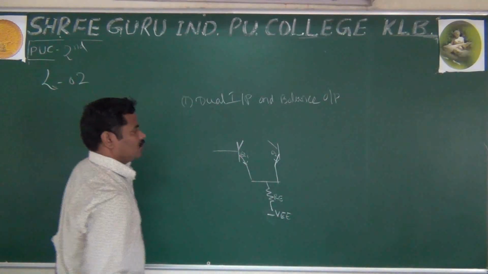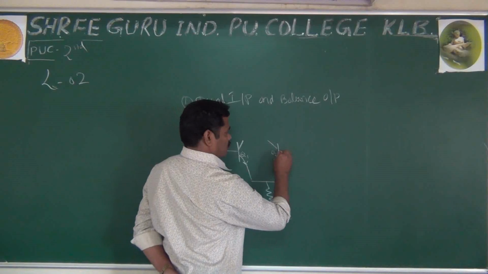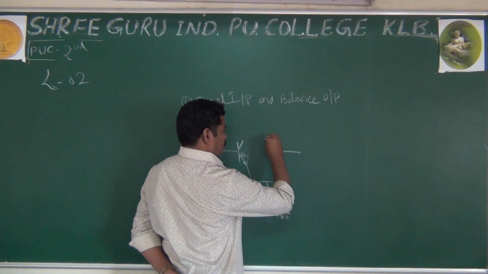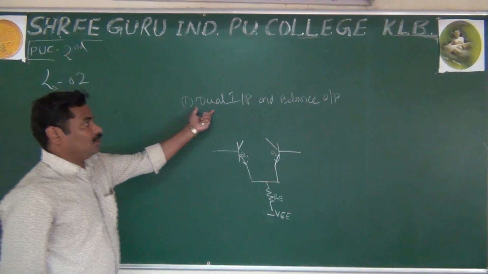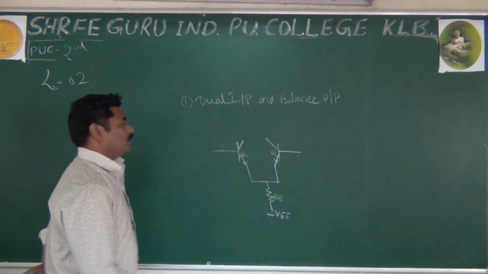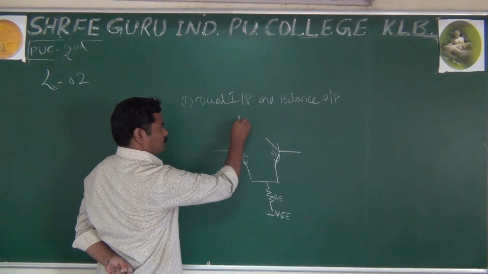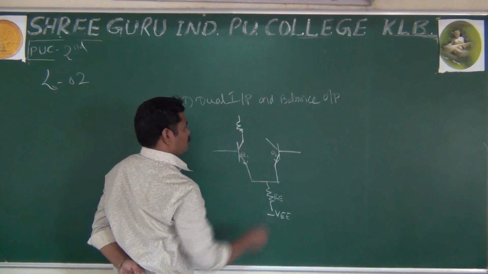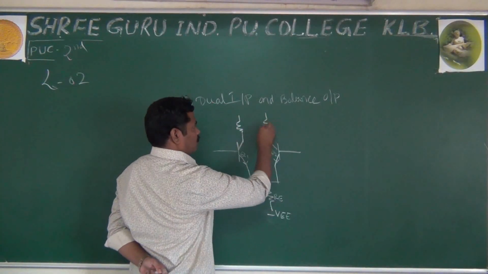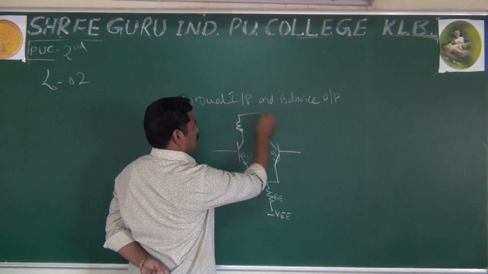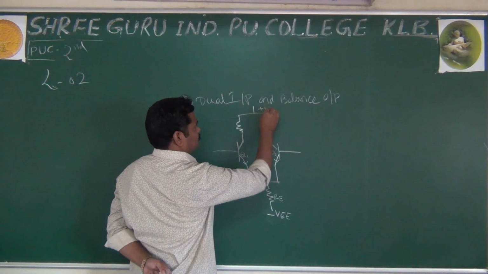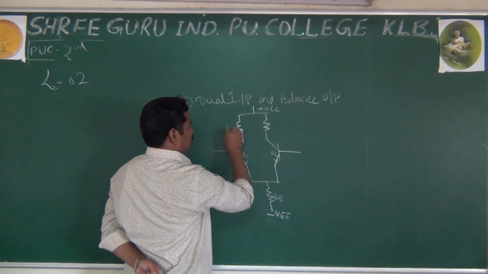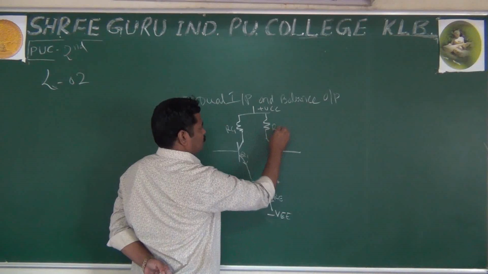And as I said here, you are using the dual input and balanced output. In the collector, you are using collector resistors RC, and you can apply the positive VCC here. This is RC1 and this is RC2.